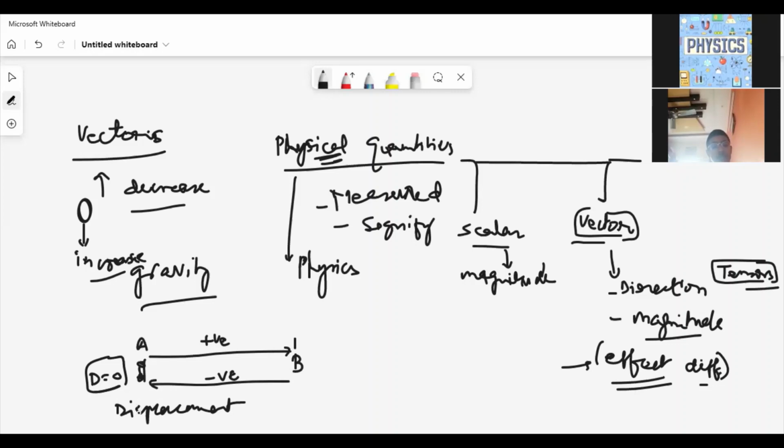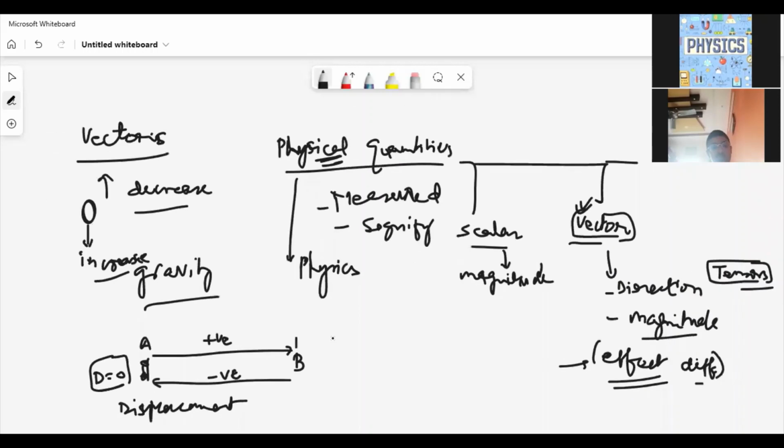So this leads to the consideration of some quantities being vector quantities, that due to the change in direction, their effect changes.